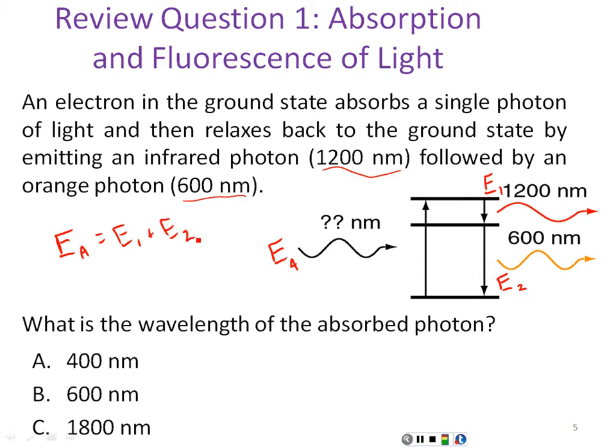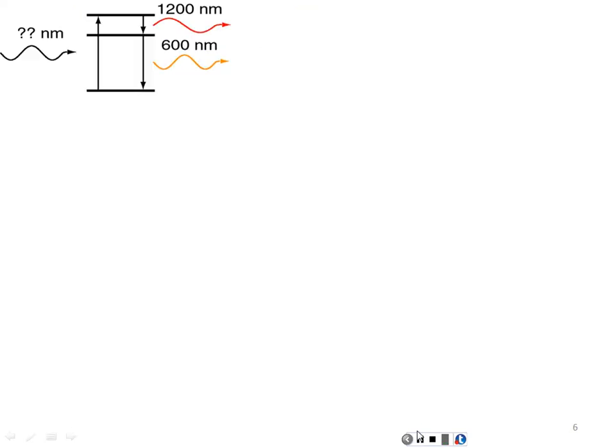So take a couple minutes and try to solve this question, and we'll come together and answer it as a group. So we have energy absorbed, energy of the first photon emitted, and energy of the second photon emitted. So E absorbed has to equal energy 1 plus energy 2.